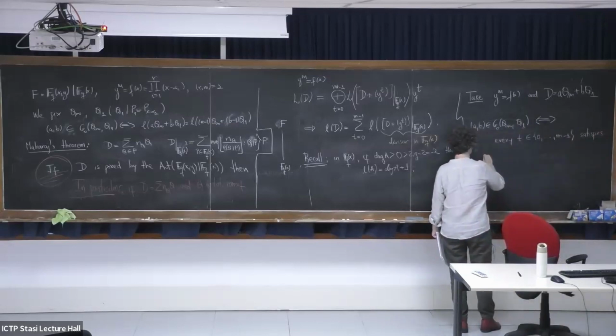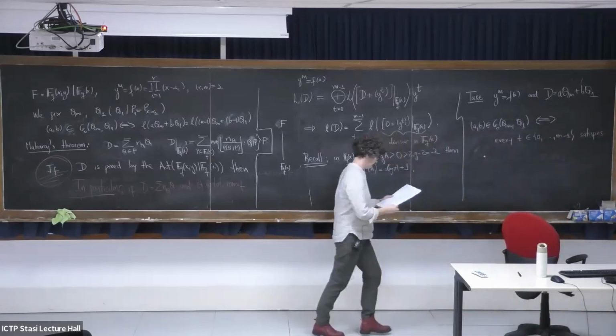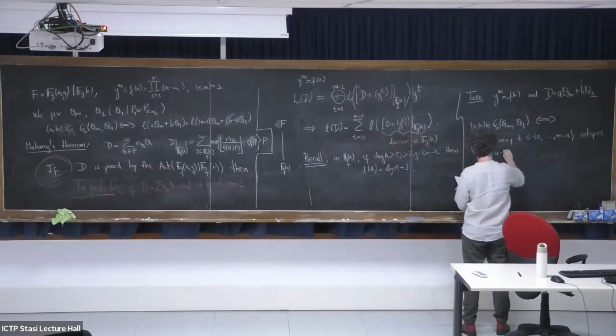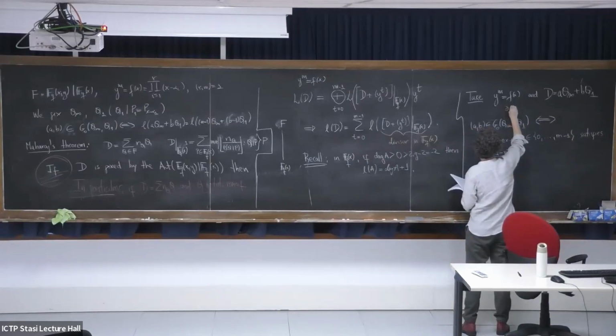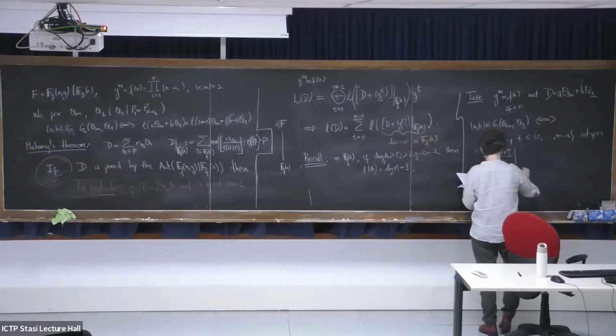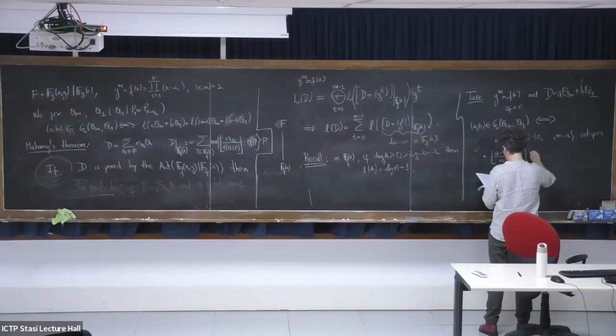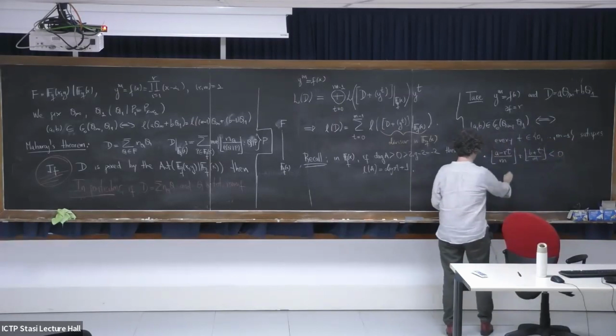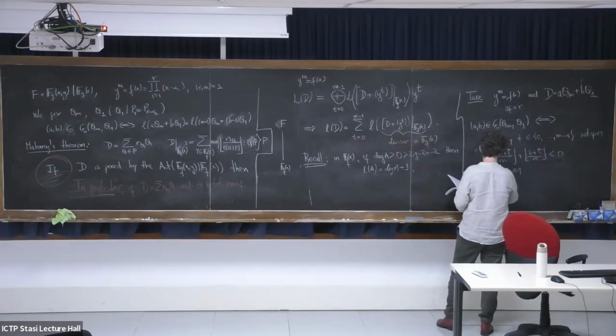So one condition is that a minus r t, so who is r? r is the degree of f over m, plus b plus t over m. This number is negative or this number is positive.